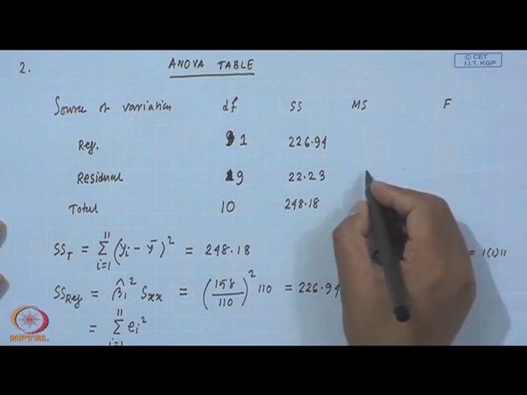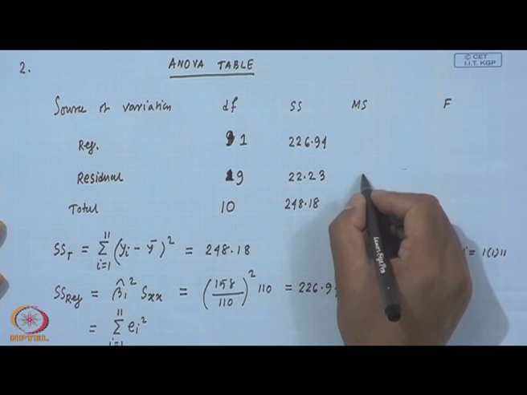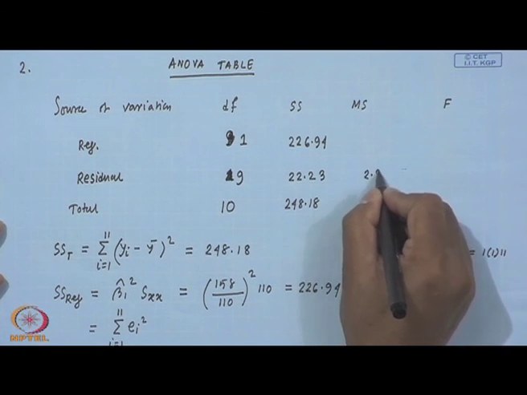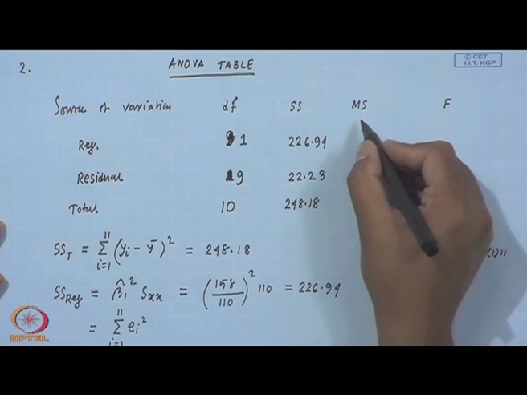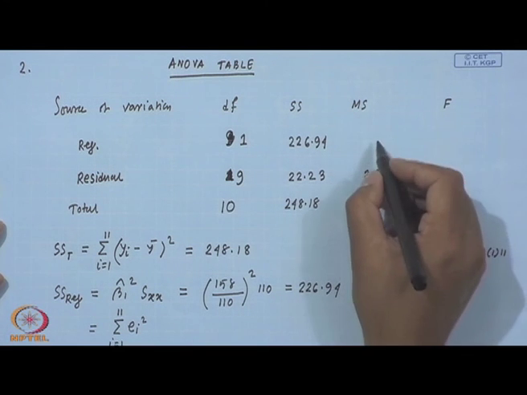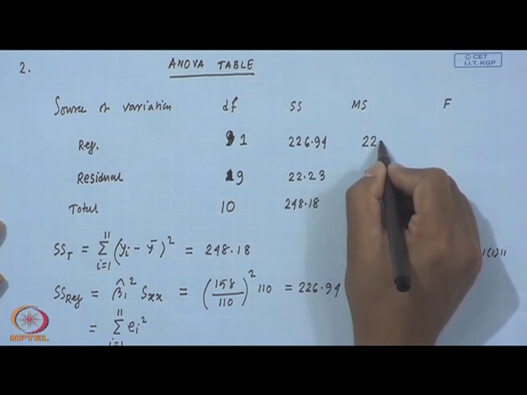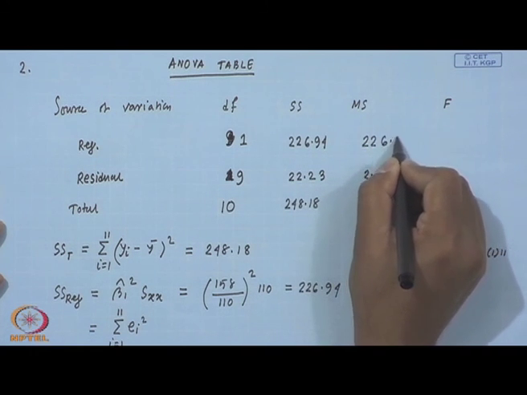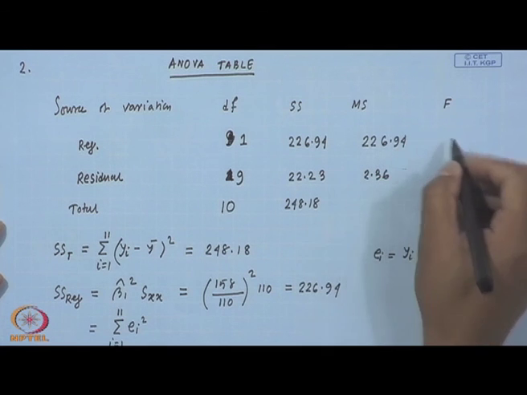Okay. So, the MS residual is SS residual by the degree of freedom, that is 2.36, and the MS regression is SS regression by degree of freedom, that is 226.94.